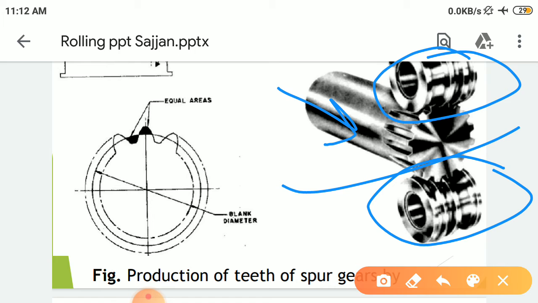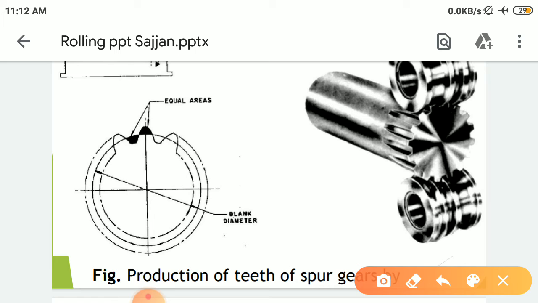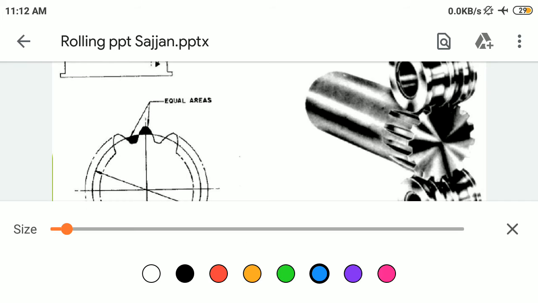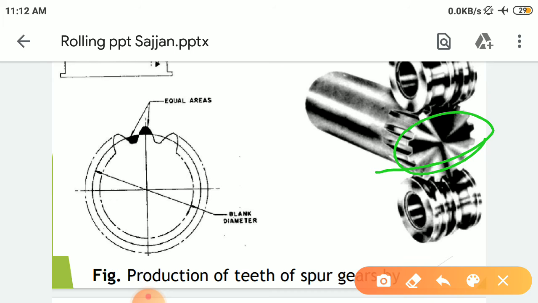Now by giving axial feed to the workpiece, we will also give rotation to the workpiece, so that we can get the teeth on the surface. So you can see here teeth are there.